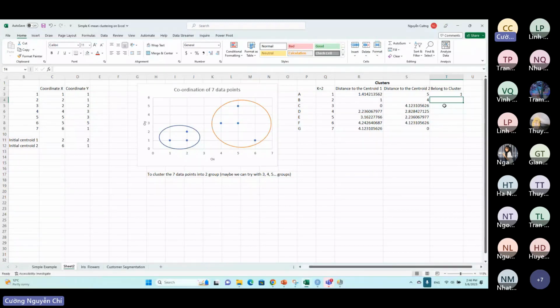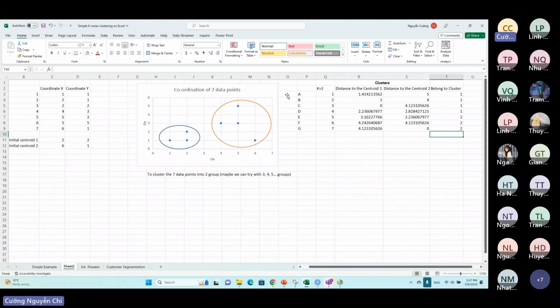The same for the second one, because 1 is smaller than 4. I can do it for all of them. This one will be 1, but then 2.23 is smaller than 2.82. But for this one, it belongs to group 2, because 2.23 is smaller than 3.16, something like that.